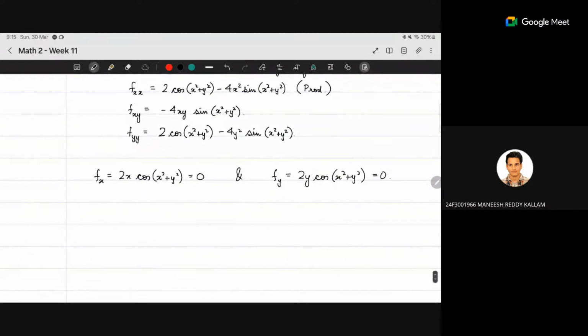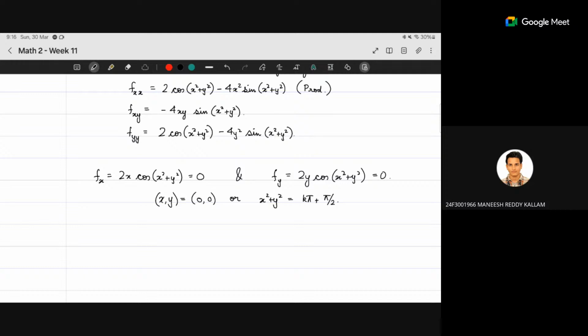I can forget about the 2, that's a constant. So either x and y are both 0, or x square plus y square is equal to k pi plus pi by 2. These are all the critical points.